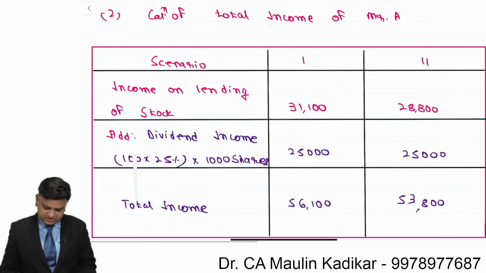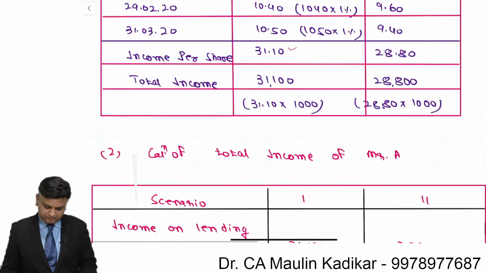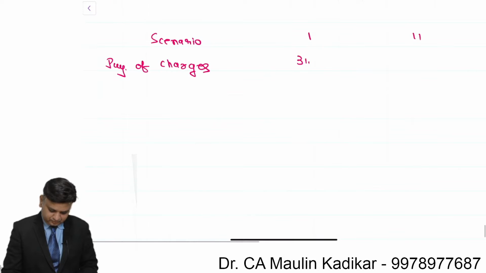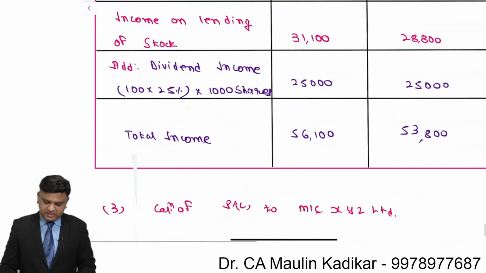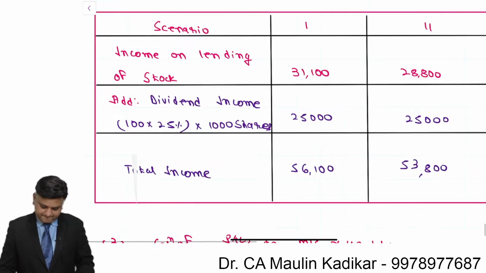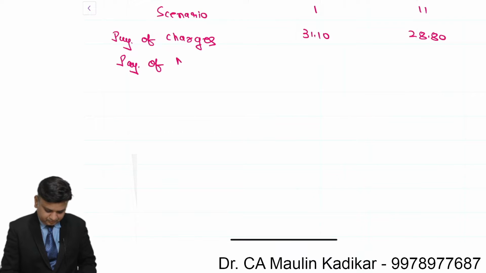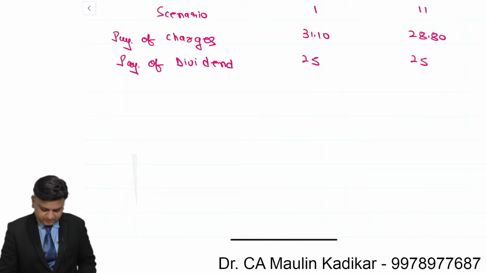Payment of charges: 31.1, and in the second case it is 28.8. Payment of dividend: it is an amount of rupees 25, 100 into 25%.